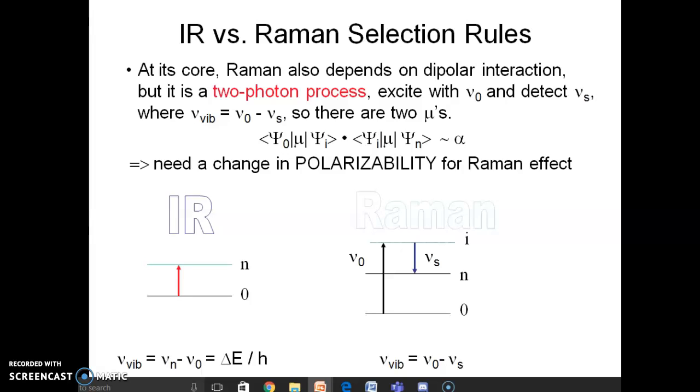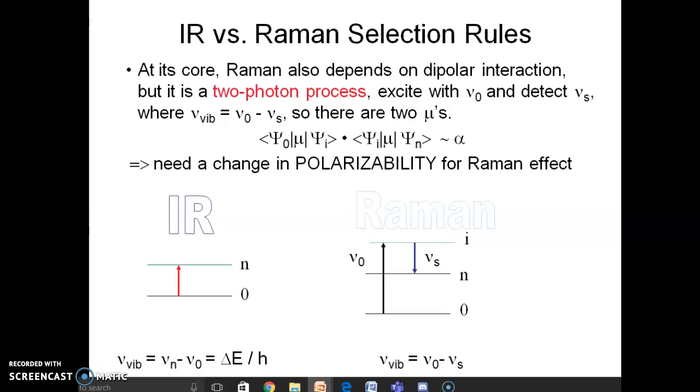Excite with nu_0 and detect nu_s, where nu_vib is equal to nu_0 minus nu_s. There are two mu's, given by the following expression. We need a change in polarizability for the Raman effect.